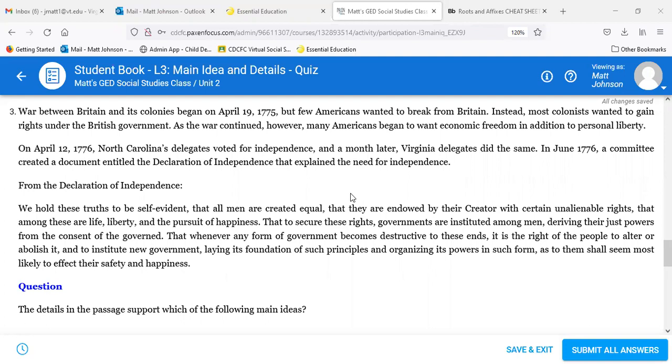So that's our introduction here. It's telling us, okay, war broke out in 1775. Slowly, there was more of a movement to move away from the British Empire. More and more colonists wanted to seek independence.